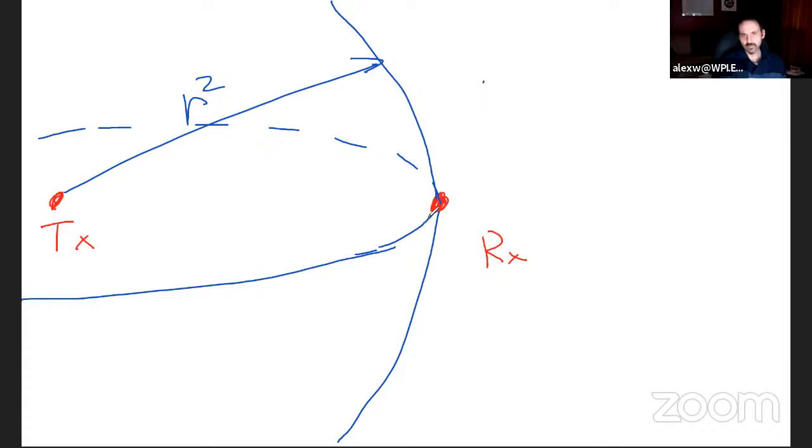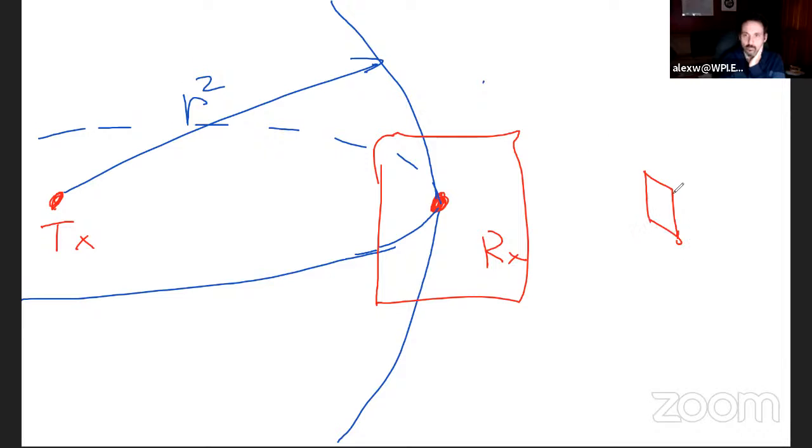Let's say we zoom in even more. Okay, that's the receiver. Now, this is not a point. We don't have point receivers, because if it's infinitesimally small, it's not going to pick up any energy.